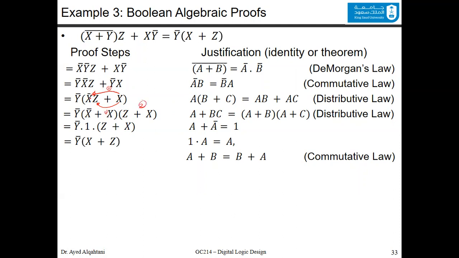And the second, you will have Z or X. By doing this, we eliminated the X bar or X. It will be 1. And you will end up with only Z or X. After that, you will generate the left-hand side. So that's another example of the Boolean algebraic manipulation to prove if a function is an equivalent of another function.